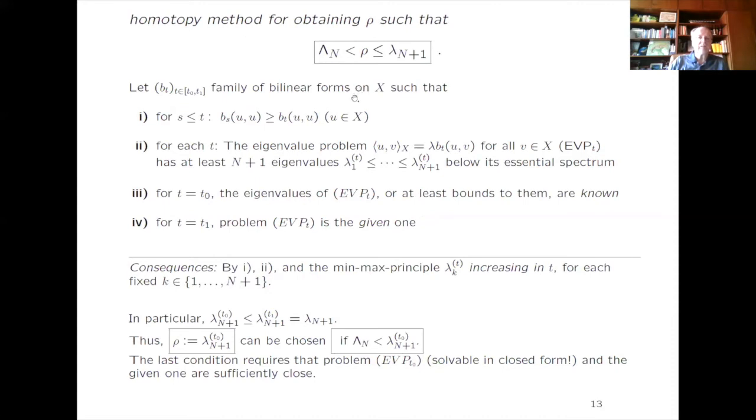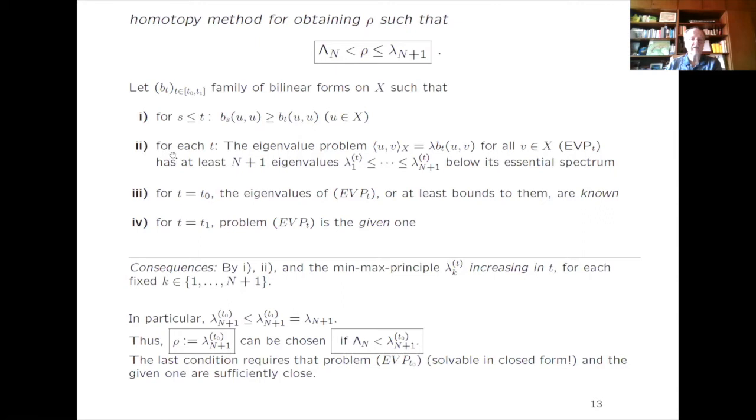The homotopy involves a family of bilinear forms, Bt, where t ranges between a parameter t0 and t1, and such that, first of all, for fixed u, if you plug in u, u, then this bilinear form is decreasing.